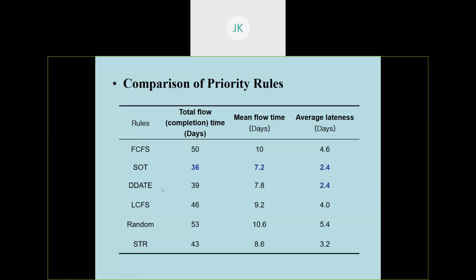If we apply this shortest rule in the real world, this is always true: always the shortest total flow time, mean flow time, and shortest average lateness. So in the real world, if we can use this, then we can always save time.